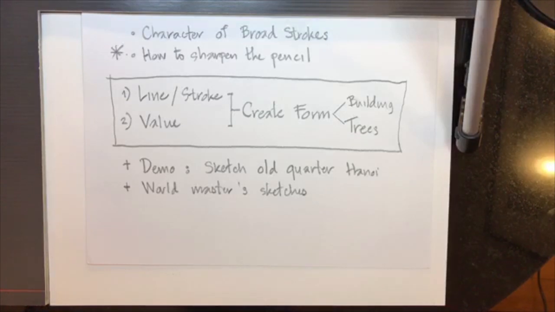He is the author of the book about broad stroke pencil sketching. I will show you at the last step of the workshop today. This is all the content of this workshop. So first, I will show you the character of the broad stroke pencil sketching.